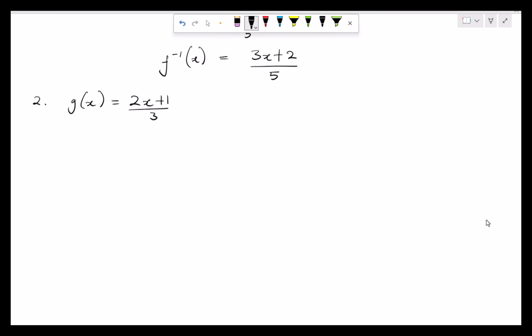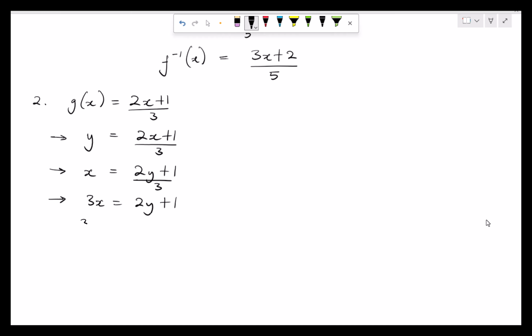Remember the first step, you say y is equal to (2x plus 1) over 3. And then the second step, you interchange x and y. So you have x is equal to (2y plus 1) over 3. And then the third step, you make y the subject of the formula. So you end up with 3x is equal to 2y plus 1.